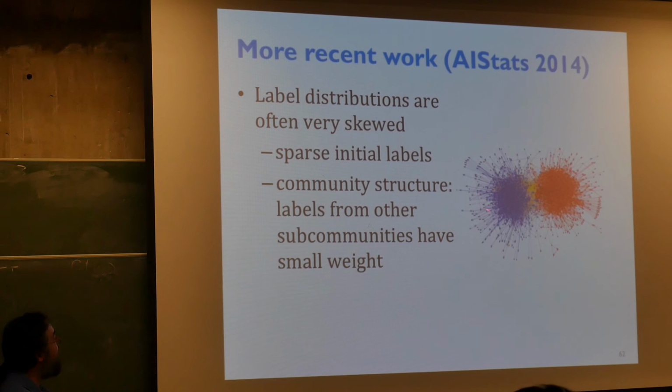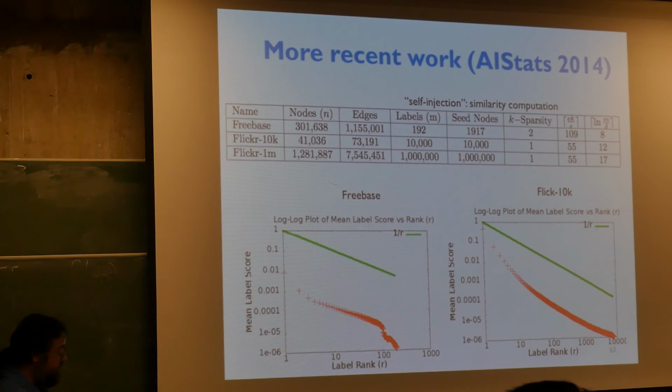Big graphs often have this community structure, with small-ish, densely connected areas. The weights you propagate from subcommunity to subcommunity are pretty small. The weights within a subcommunity are pretty large. So typically you've got a few big weights and a bunch of really small ones. That's a nice property.